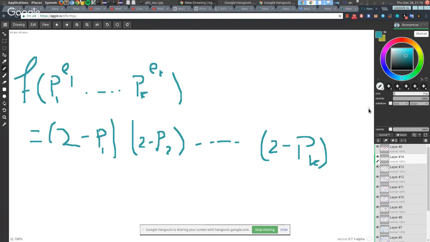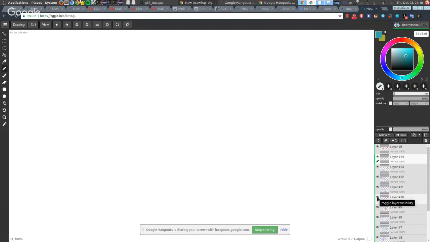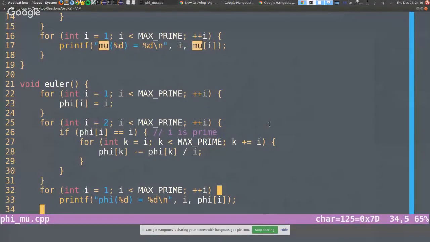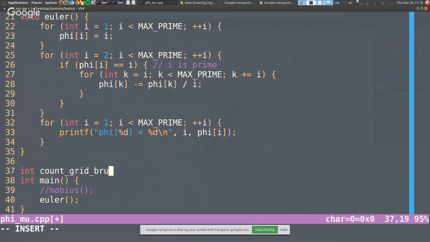So I will just show a demonstration of those two parts in the code. So this function f and the solution to this grid issue we had here. I'll say on grid.